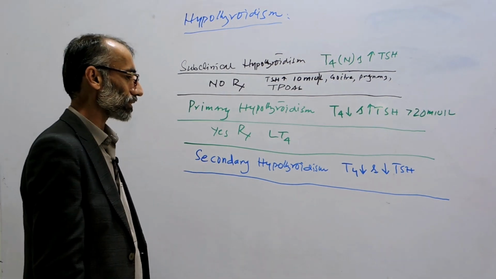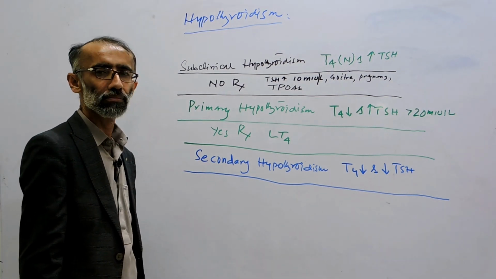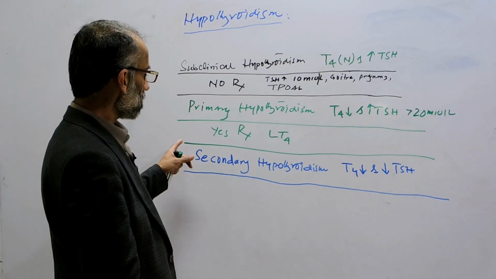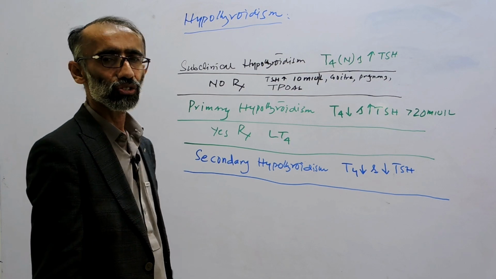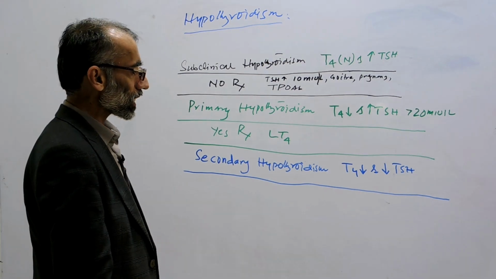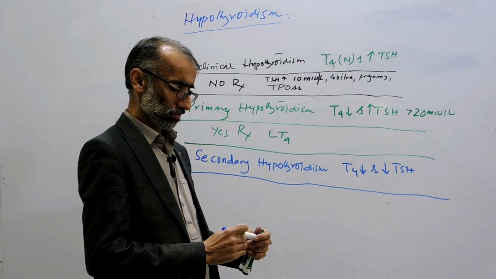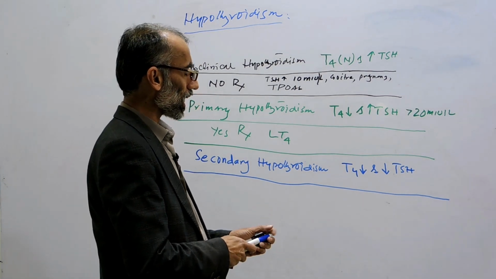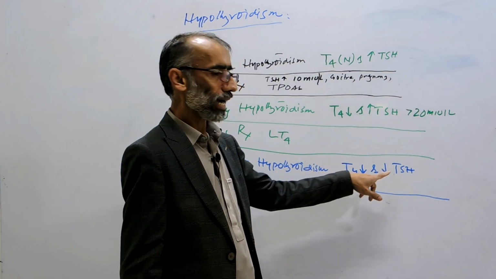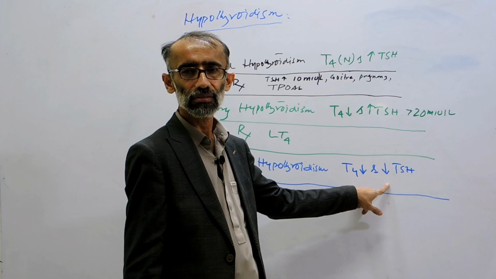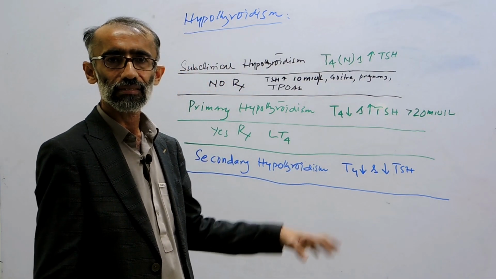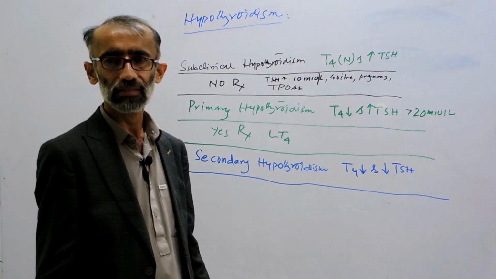Secondary hypothyroidism can be simulated by sick euthyroid syndrome. Sick euthyroidism is characterized by low T4 and low TSH in non-thyroidal illness.